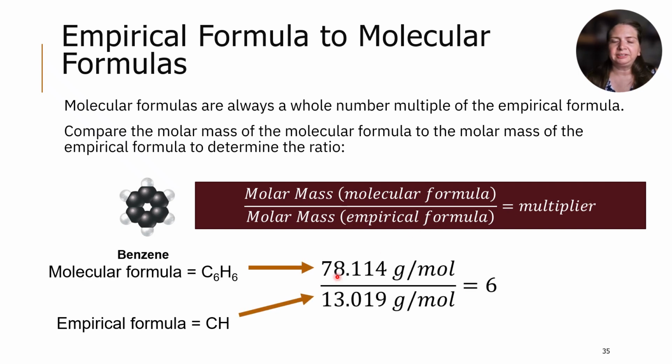In this case, if we take the molar mass of benzene, which is 78.114 grams per mole, and divide it by the molar mass of the empirical formula, CH, which is 13.019 grams per mole, we can figure out the multiplier 6. This tells us that we would need to multiply the empirical formula by 6 in order to achieve the molecular formula C6H6.